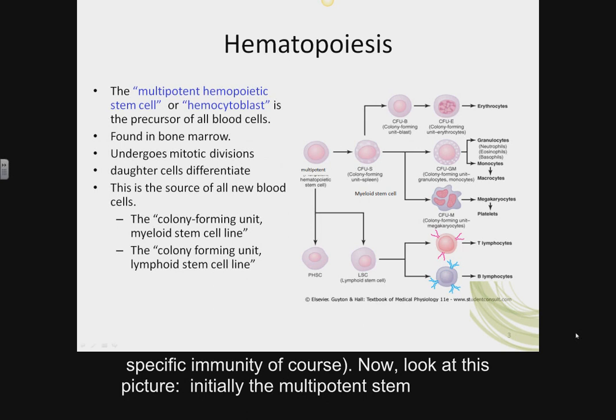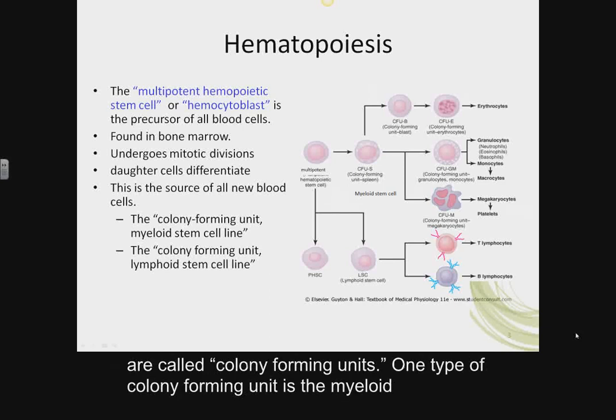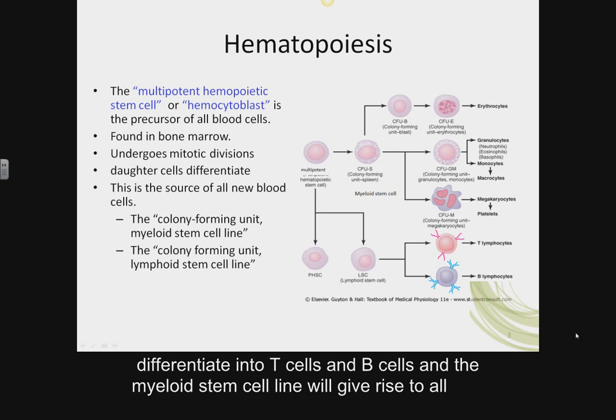Now, look at this picture. Initially, the multipotent stem cell will replicate and divide and give birth to two basic types of daughter cells. These are called, quote, colony-forming units. One type of colony-forming unit is the myeloid stem cell, and the other type is the lymphoid stem cell.